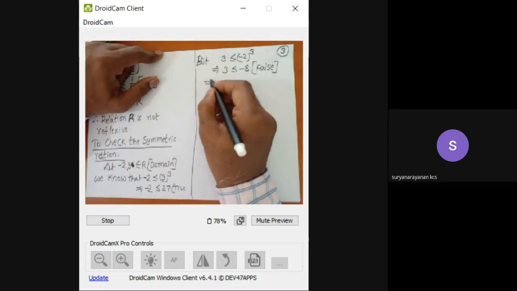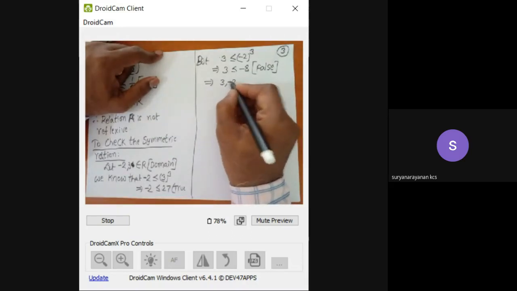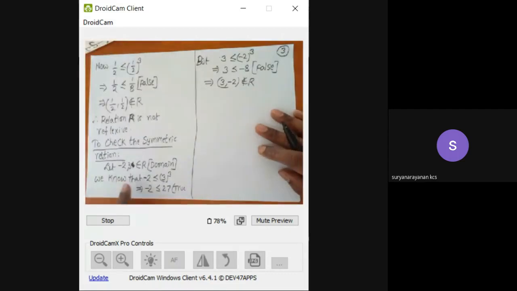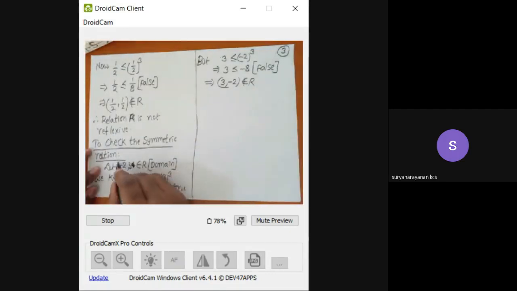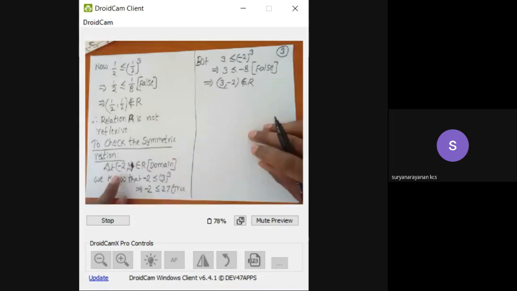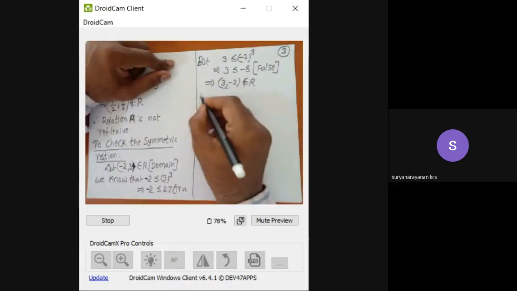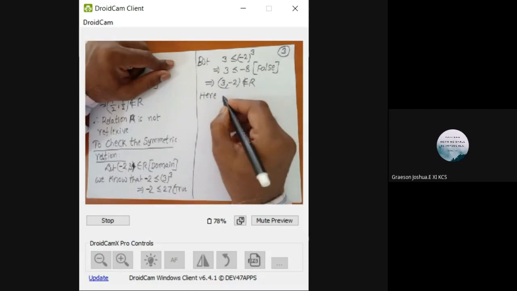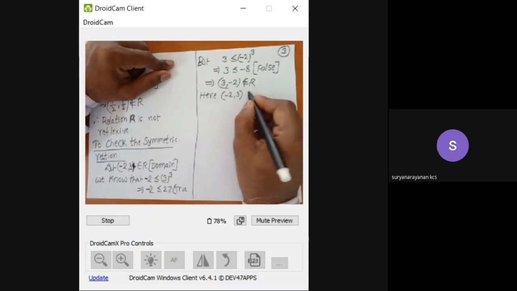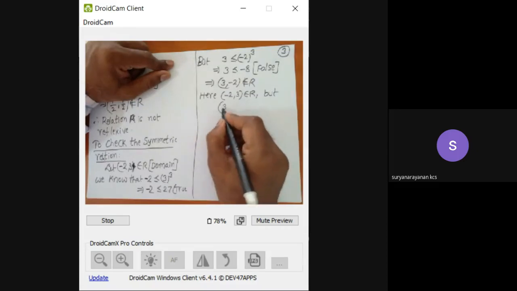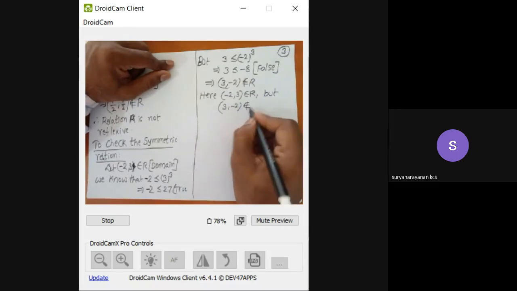This implies we say that ordered pair 3 comma -2 does not belong to R. Here we have taken ordered pair -2 comma 3 belongs to R, but ordered pair 3 comma -2 does not belong to R. Yes or no? Yes, sir.